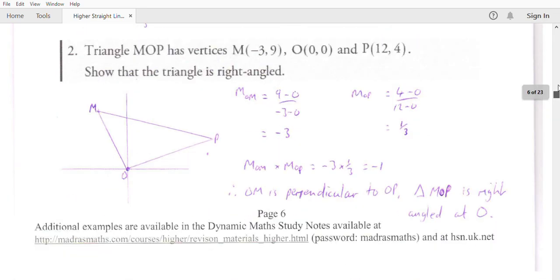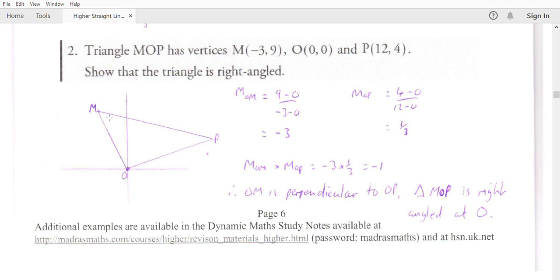Let's try another one. Triangle MOP has vertices M, O, and P. Show that the triangle is right-angled. A triangle has 3 corners. Which one do I think is most likely to be the right angle? It does say show the triangle is right-angled, so one of them will be right-angled, assuming the question's been written properly.